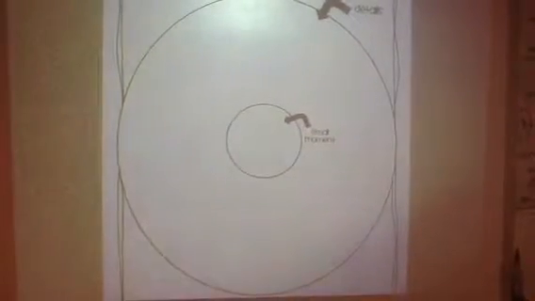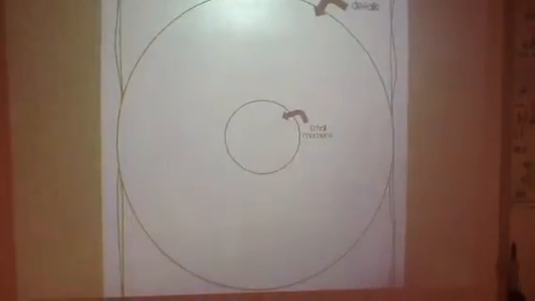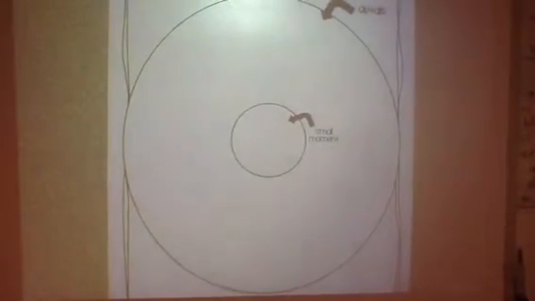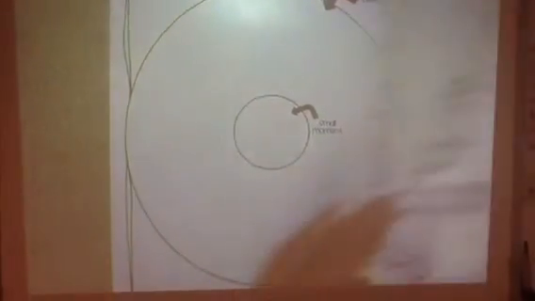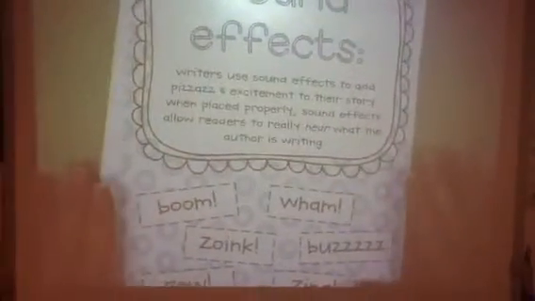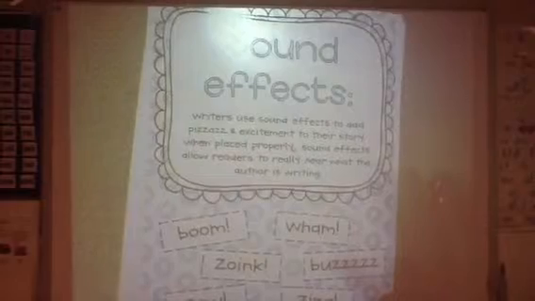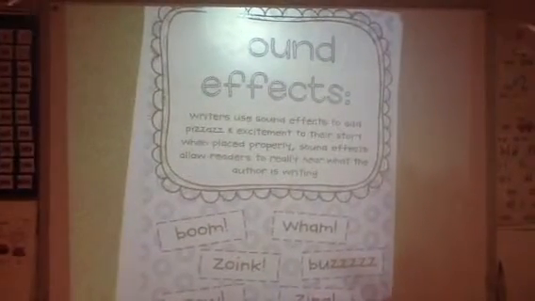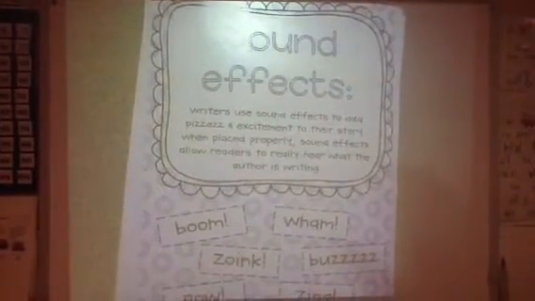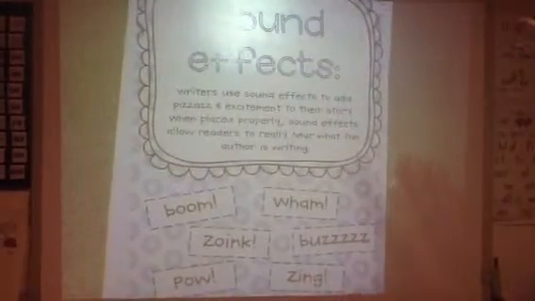And we're going to have something that we're going to talk about, and the kids love this. When we write, we're going to start adding a little more detail to our writing and kind of pizzazz it up a little bit for excitement. We want the reader to really be excited and want to read more about what they're reading.